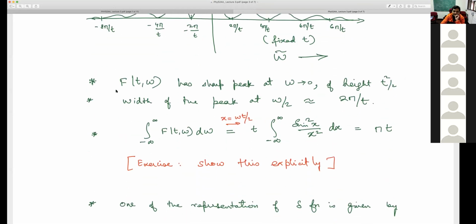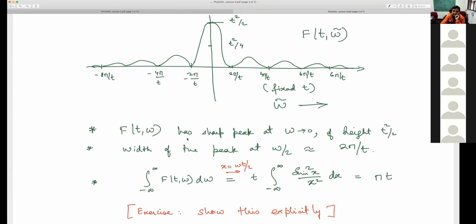This function f_t of omega has a sharp peak at omega tilde going to 0, with height t square by 2, and the width of the peak at omega equal to 0 happens to be 2 pi by t, because this is minus 2 pi by t to plus 2 pi by t. So the half width will roughly be 2 pi by t.